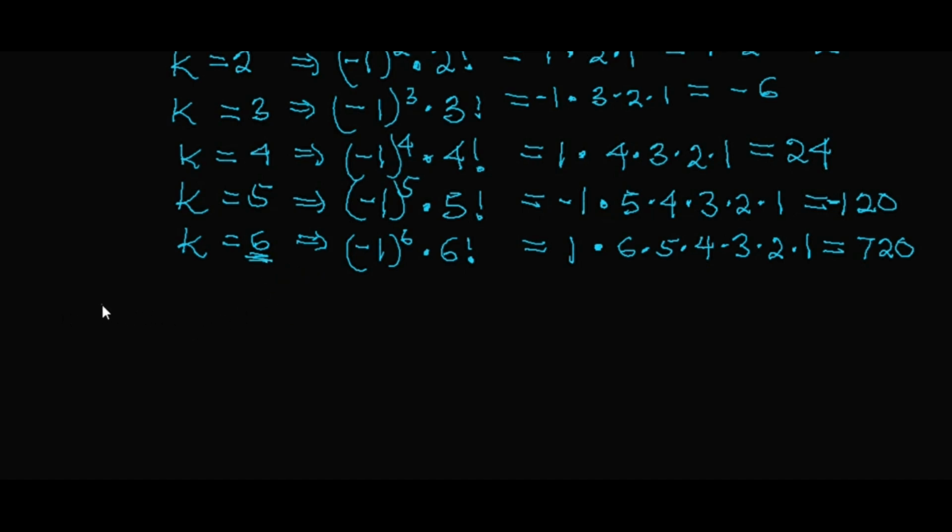So therefore, the sum of minus 1 raised to the power k multiplied by k factorial, where k is running from 1 to positive 6, simply means that we add the results. So let's go up.